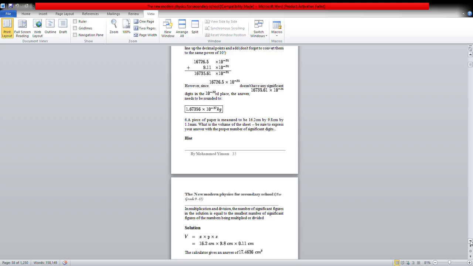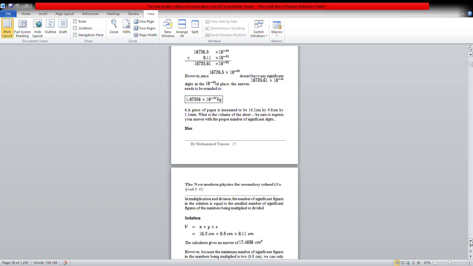However, since 16,726.5 times 10 raised to minus 31 doesn't have any significant digits in the 10 to the power of minus 33 place, the answer needs to be rounded to 1.67356 times 10 raised to minus 27 kilogram.